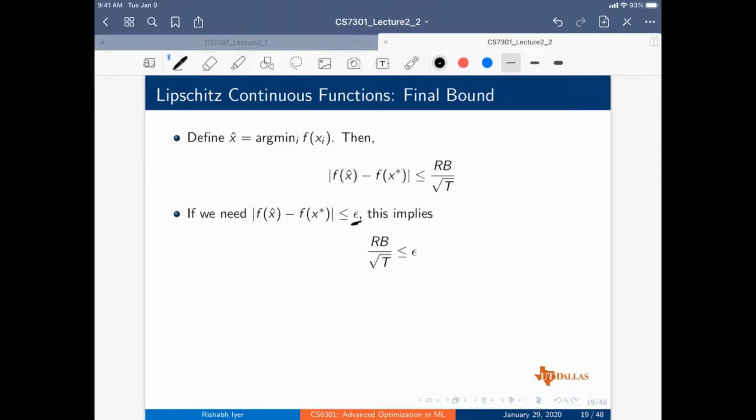So we are saying that I have my x hat which is close to x star by at most epsilon, right? And if this holds, then what this means is that rb divided by square root t is less than or equal to epsilon, right? So as long as I have a t such that rb divided by square root t is less than or equal to epsilon, this implies that this will be less than or equal to epsilon, right? So the question is, what is t? What t satisfies the above?